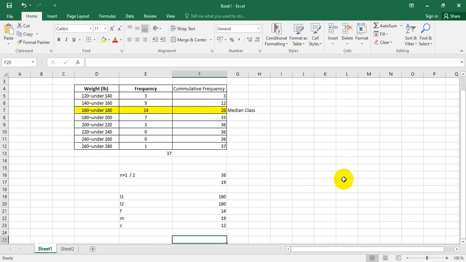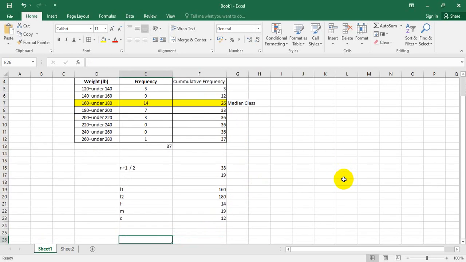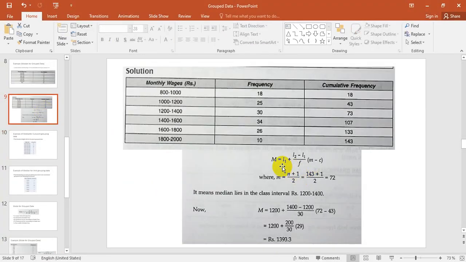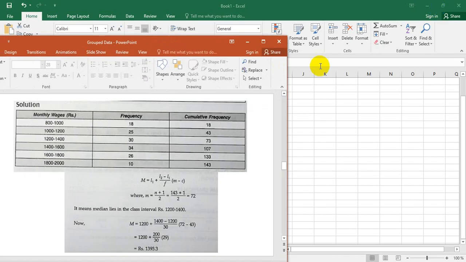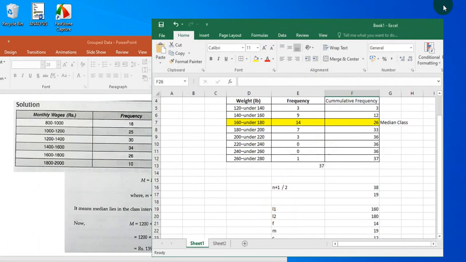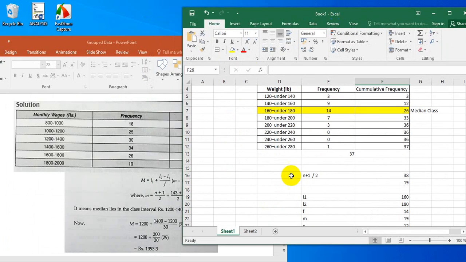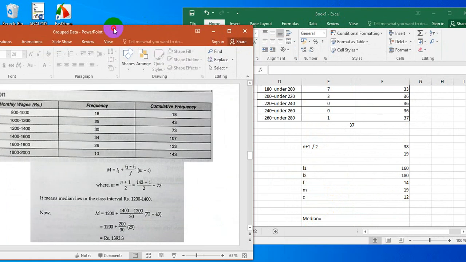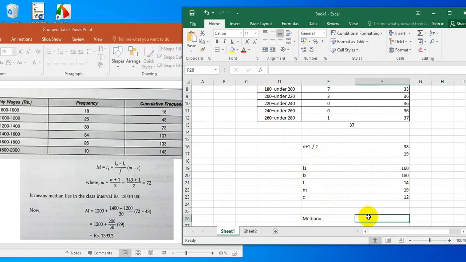Now put all this information into the formula of median. So here we can find the median score. The formula of median is L1 plus L2 minus L1 over F, times M minus C. Considering the formula, we can easily find the median score. The first part of the formula is L1, which is 160.